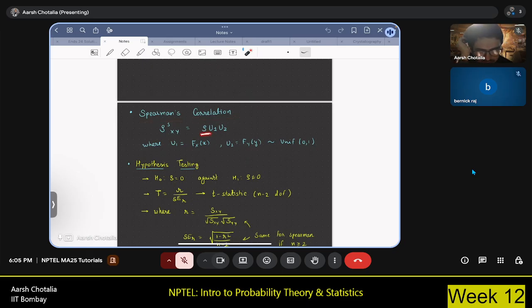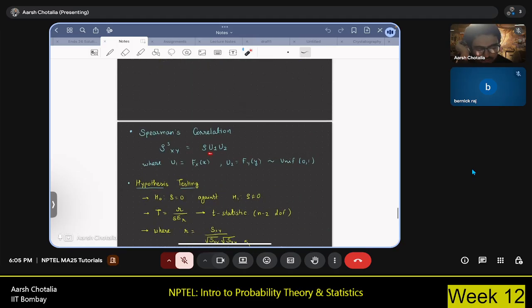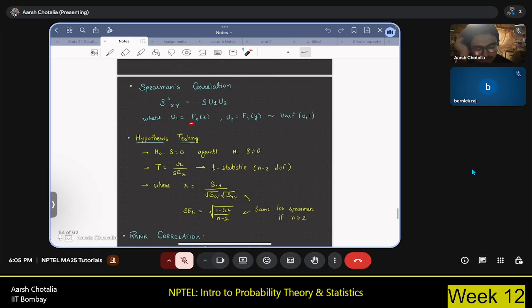But that is like the normal correlation, that is this Pearson correlation, applied after transforming the variables to uniform distributions. Okay. So what it gives is that freedom of choosing the functions, which are from uniformly distributed random variables.